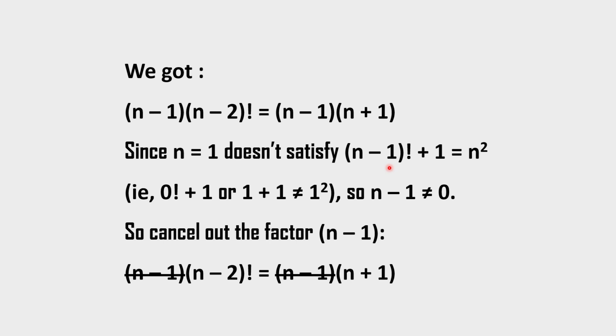So the remaining factor will be (n minus 2) factorial equal to n plus 1.